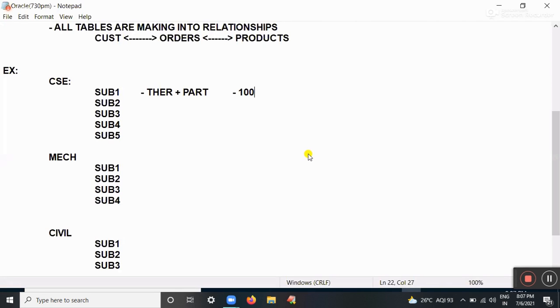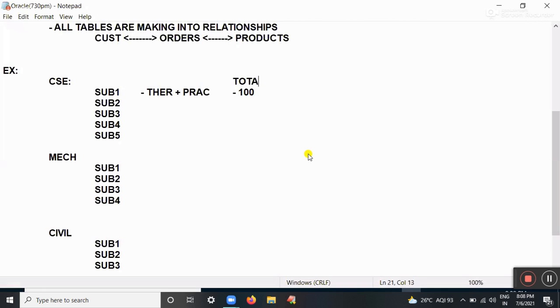For example, subject 1 has theory plus practical. So then what is the total marks, guys? Here, total marks is how much?